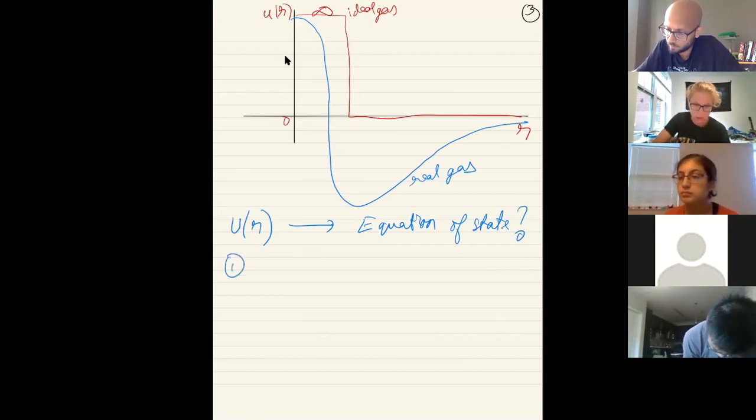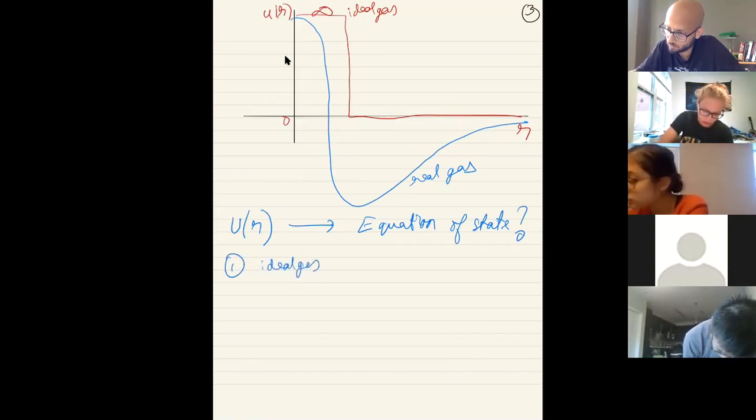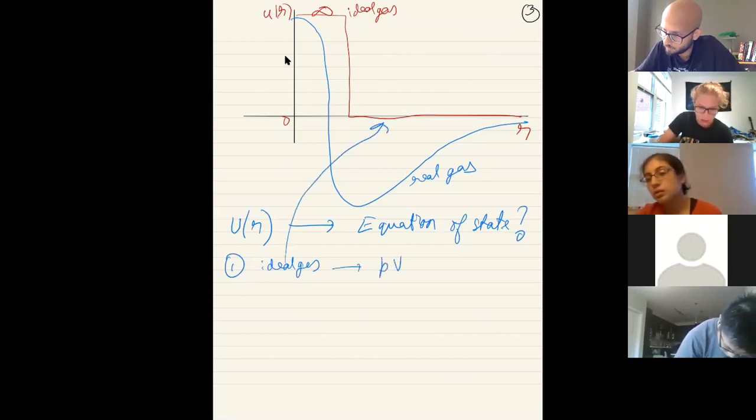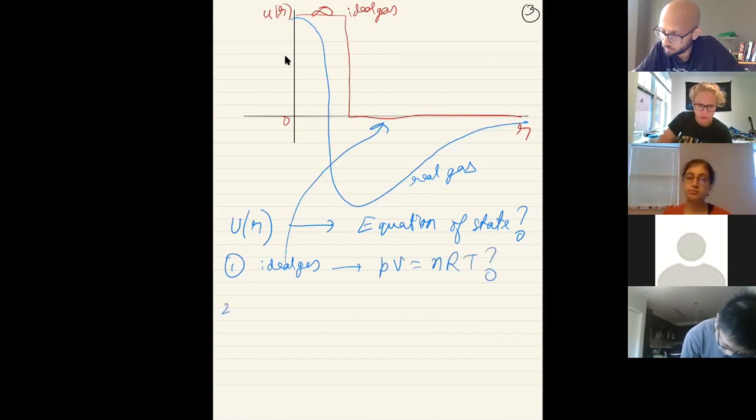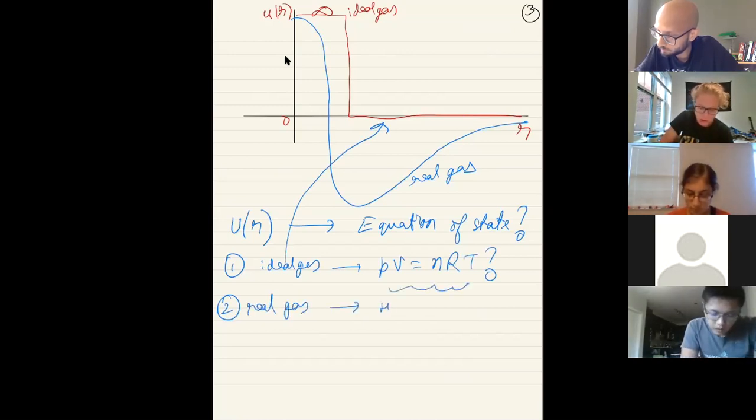So for example, if the potential energy was ideal gas, which is this curve over here, could we derive PV is equal to nRT from that by first principles? And similarly, if we had a Lennard-Jones or some other, let me not write Lennard-Jones because that's just a model. If we had a real gas, how would this look like? That's the question we are asking.